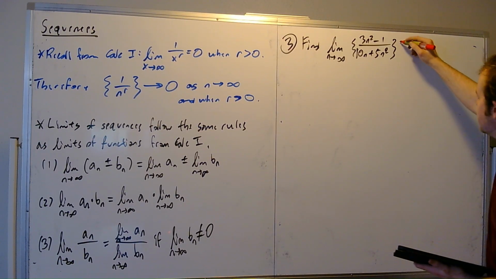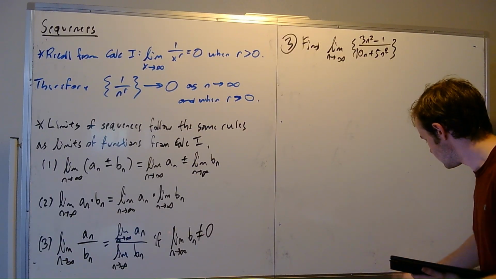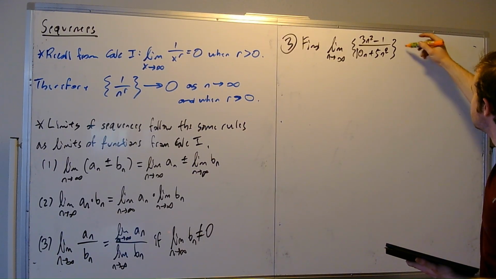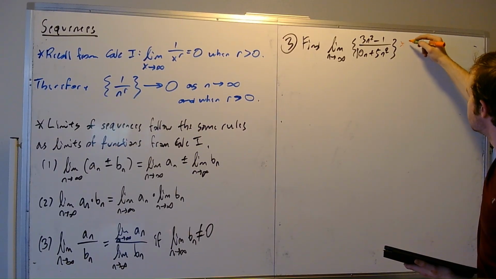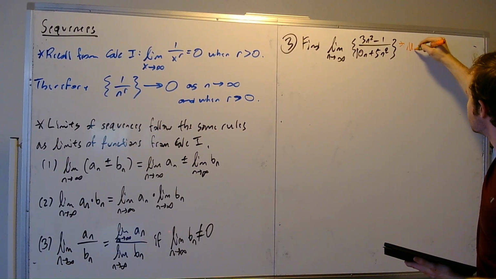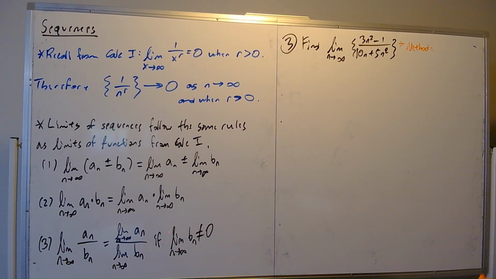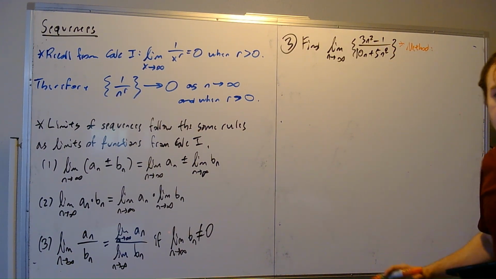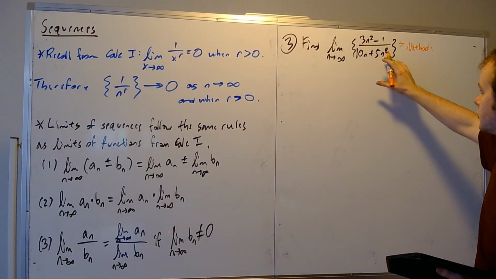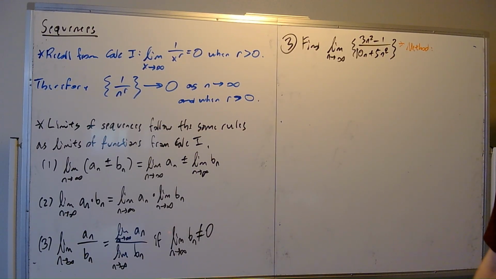Okay, so our method. Whenever we try to take a limit of a fraction like this, we're always going to be dividing by the highest power of n in the denominator.